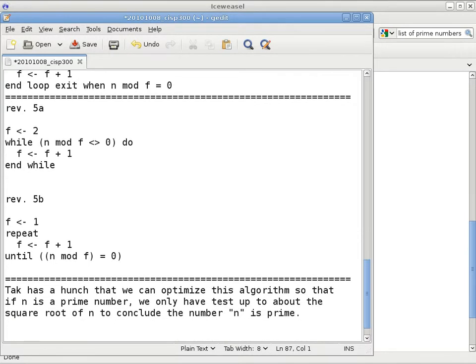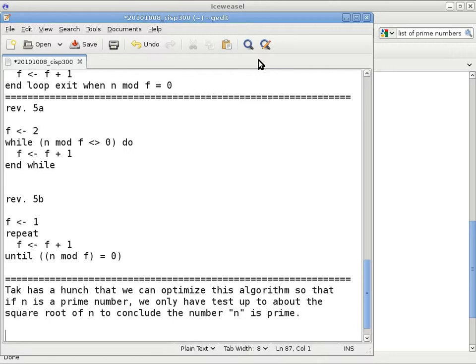Okay? Does everybody understand what my hunch is? My gut feeling? Okay. So the first step to utilize this gut feeling is to formalize the gut feeling and say, but what exactly am I talking about here?